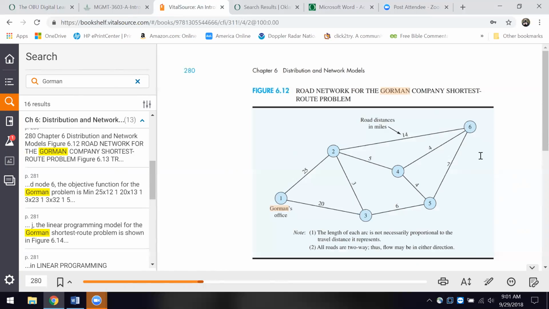In this case, that 25 miles from Gorman's office to node number 2 may include a whole lot of construction, or a tremendous amount of stop-and-go traffic. So you have to put some qualifiers in there. That's why you have a human being who works with this, and to establish that figure, you might even simulate it.